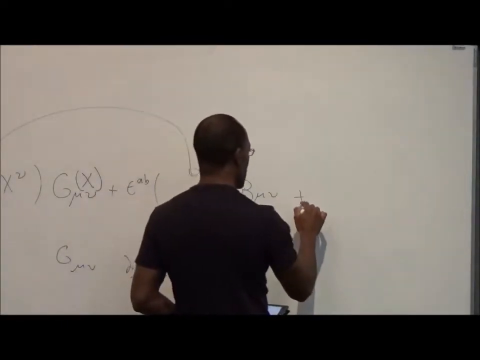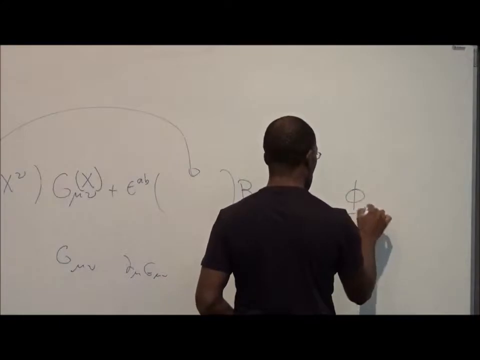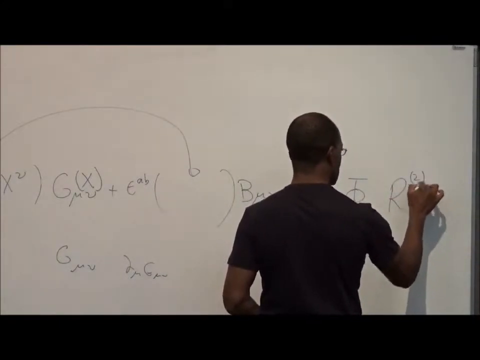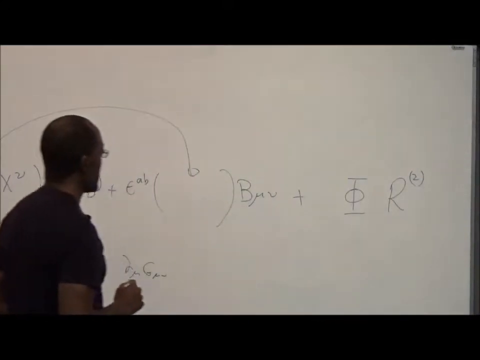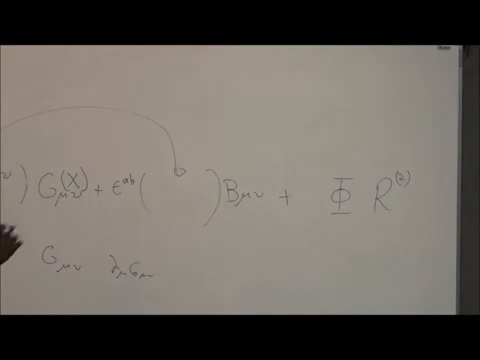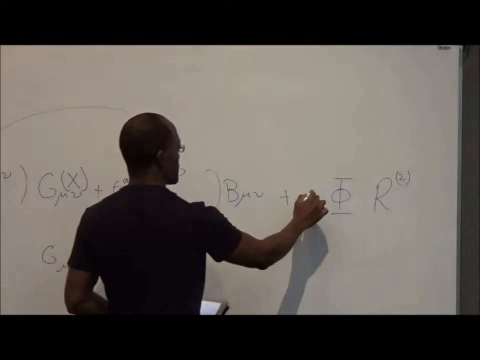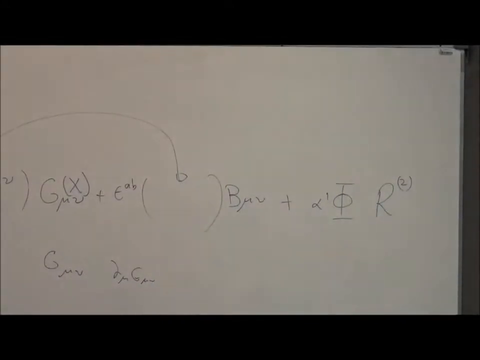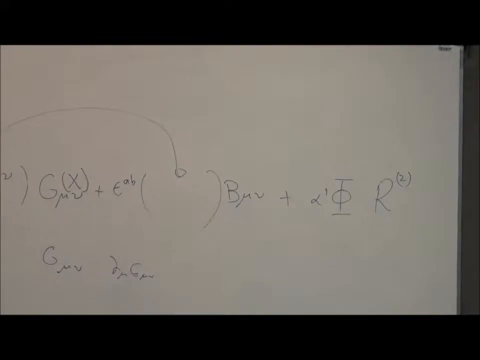And then there's a coupling to the dilaton as well, which actually couples to the two-dimensional Ricci scalar. And there's a few factors not quite right, but that's the structure of the story.